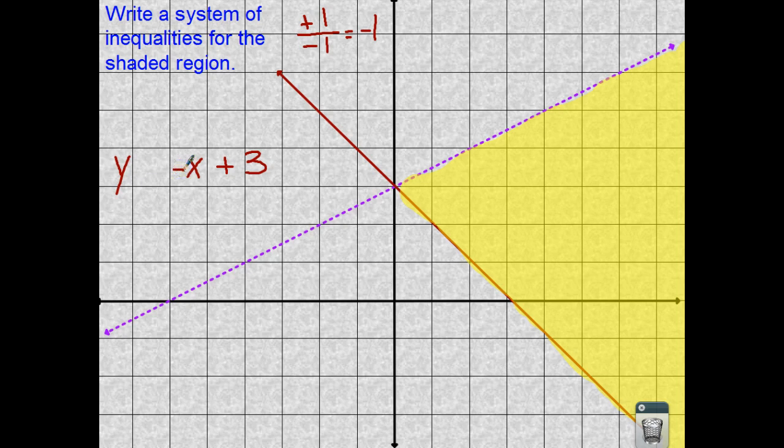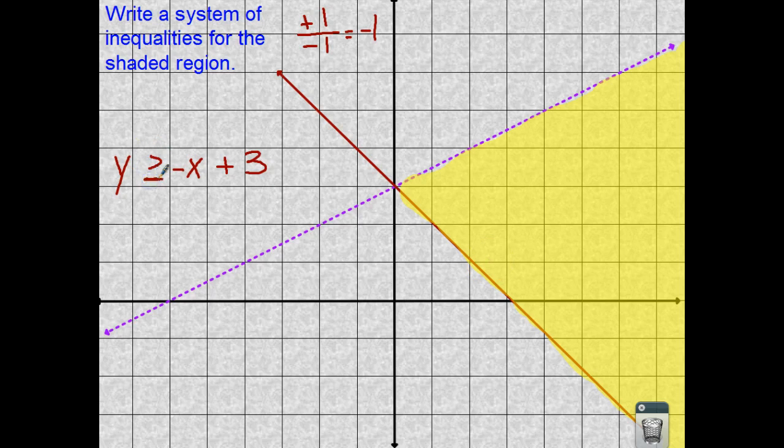And now where did I shade? Well, if I'm following my brown line, it appears as though I'm above the brown line. Kind of think of it as a teepee or maybe a little shelter out in the forest if it's raining. If it's raining, I want to be underneath the shelter, so anything above it will get wet. So that means this is going to be greater than, and it's a darkened line, so it's equal to.